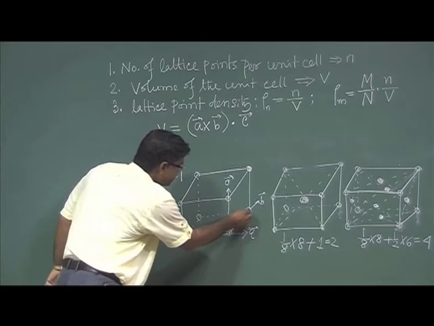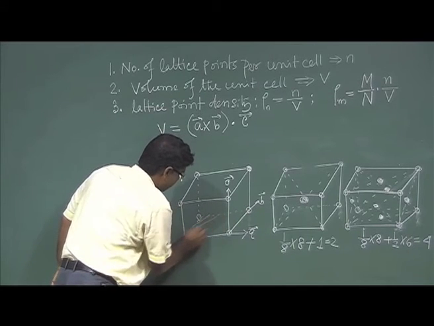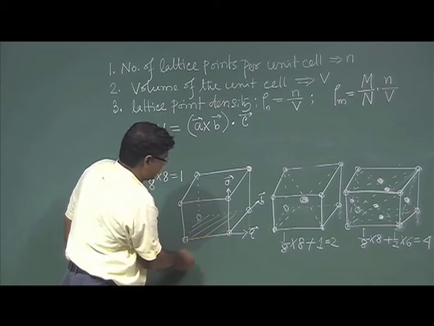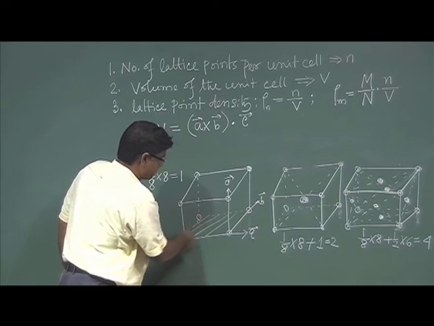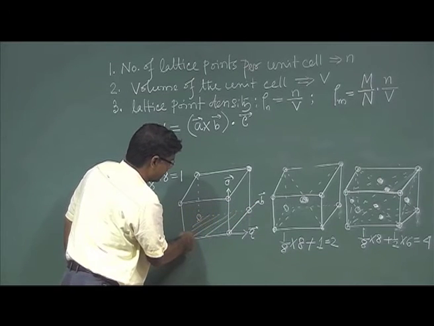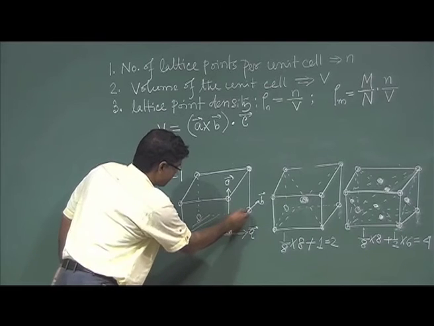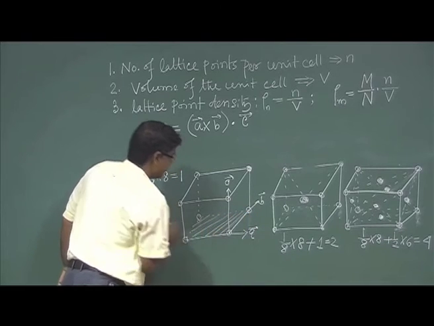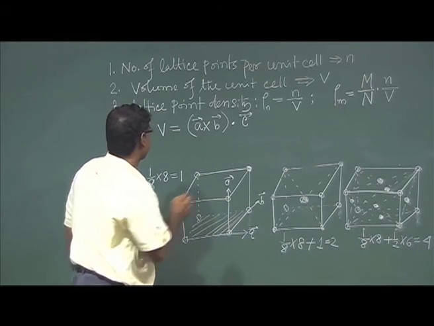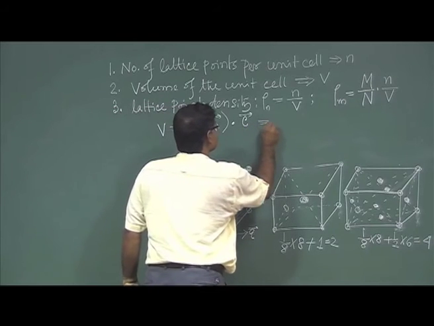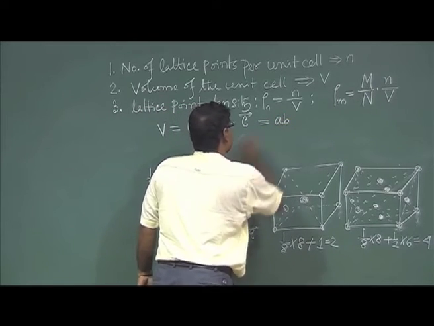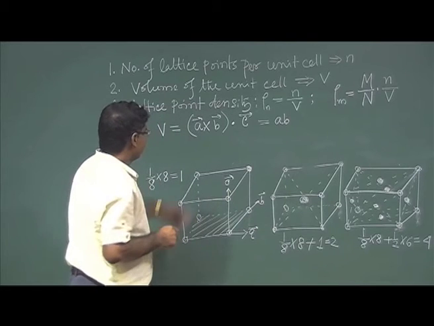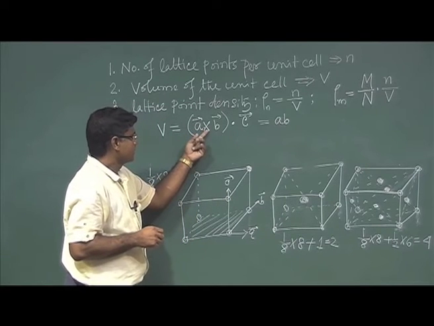This is the area, A cross B. This is the B axis, this is parallel to this. So this is B and this is A. So this area is AB.